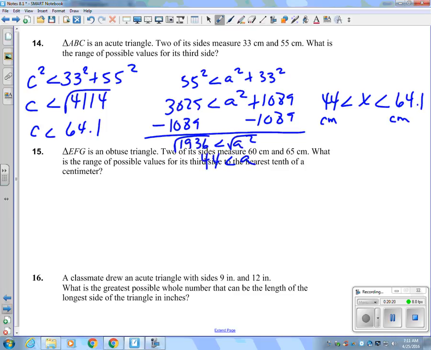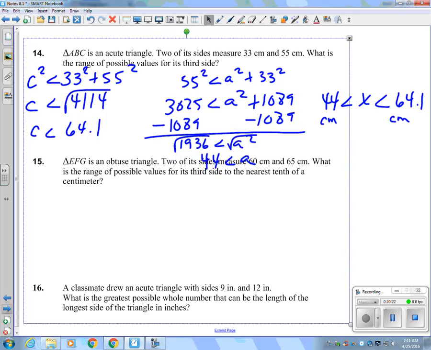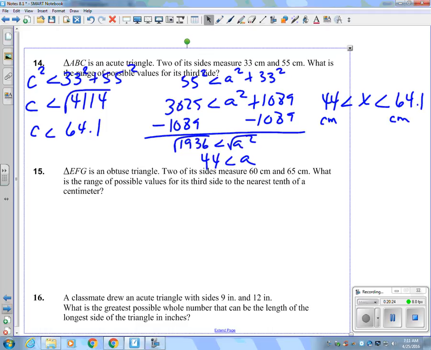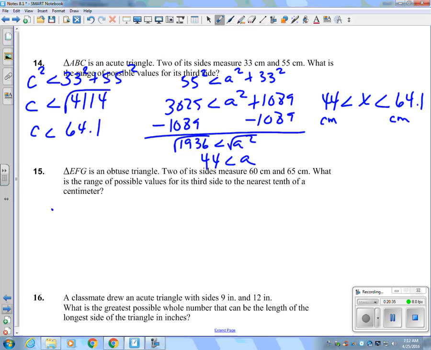All right, let's look at our next question. You do this one the same way. Because you're looking for obtuse, though, you'll do it with a greater than symbol. So let's see how that works. So first, let's do it with, what if that side that's missing is really the third side? 60 squared plus 65 squared.